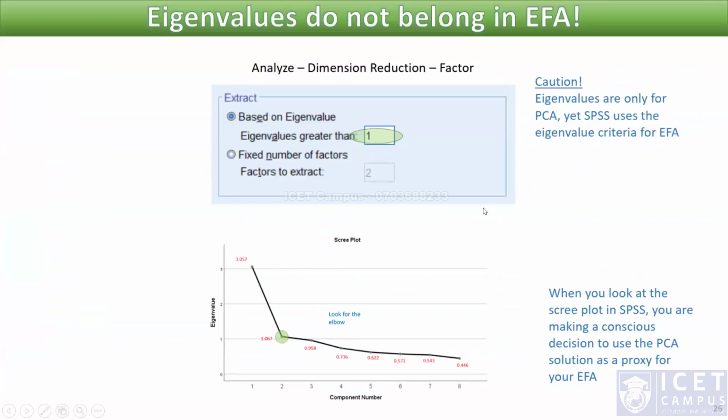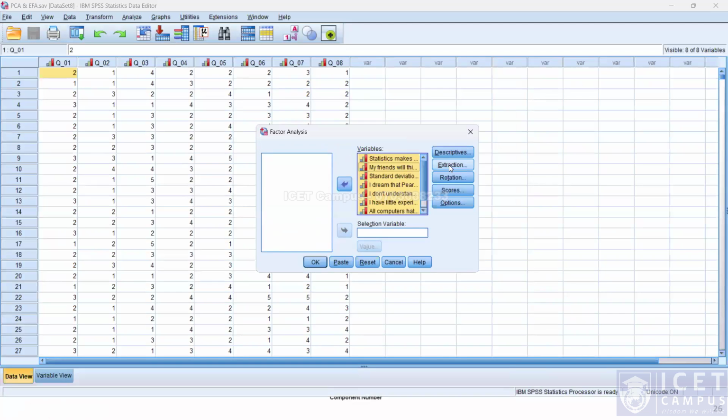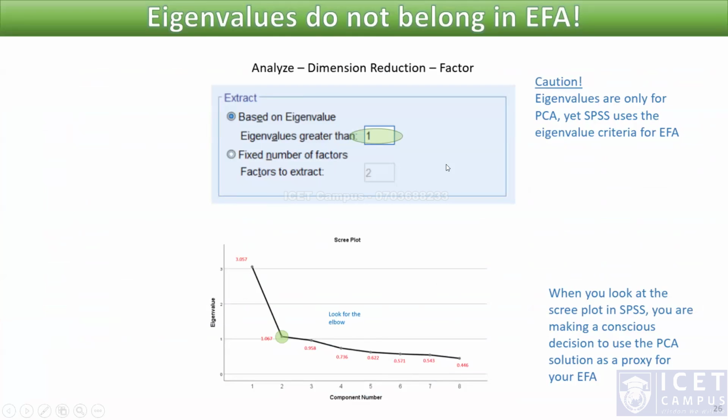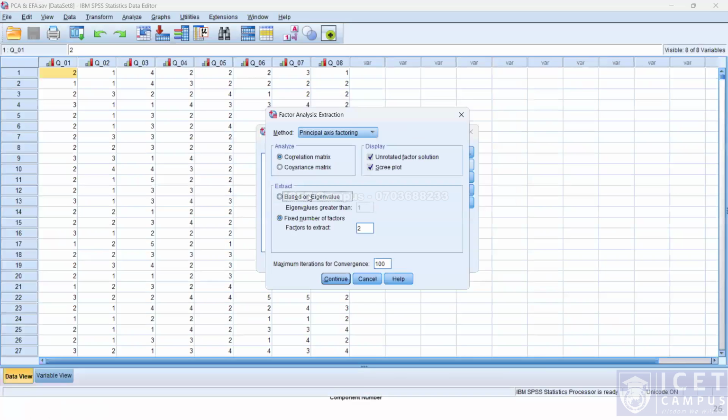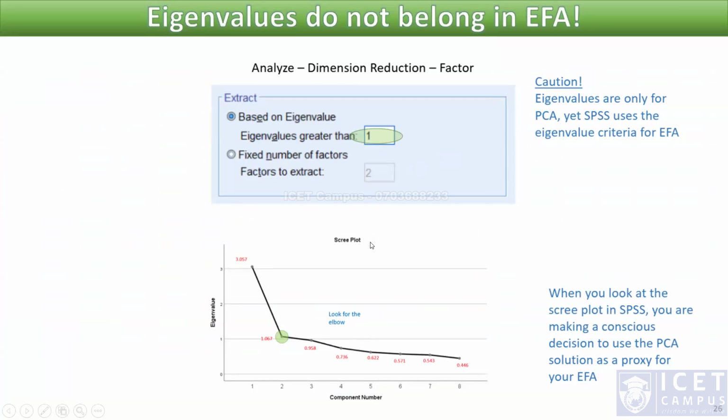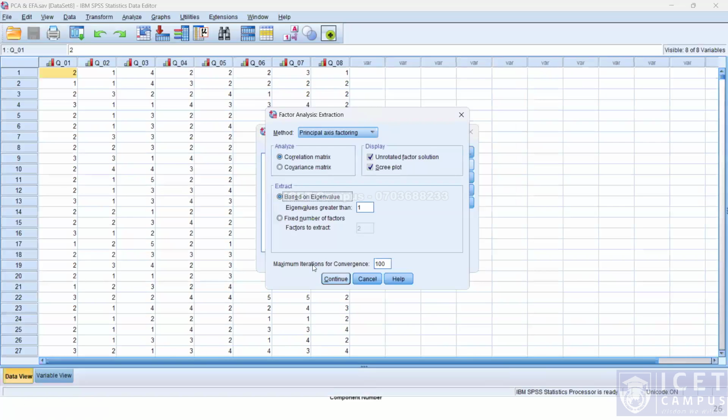Now the dependent variable is... For the extraction method, we can go based on the eigenvalues.